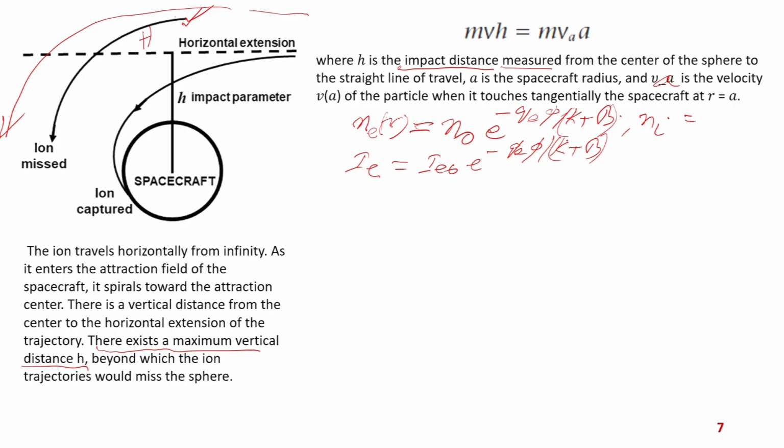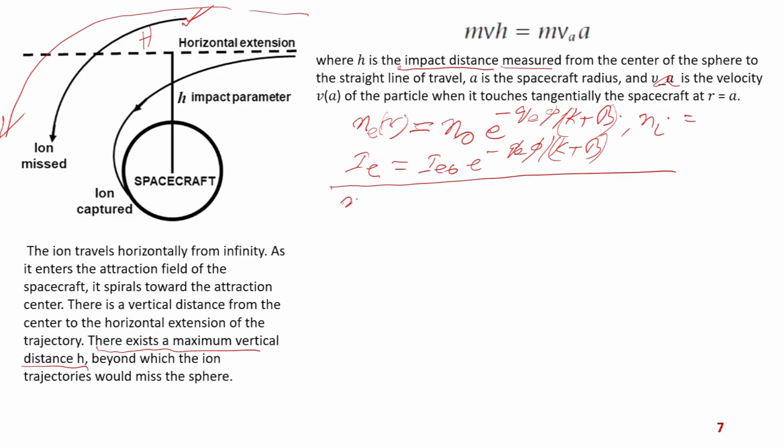Okay. So, now what have we written? We have written that the total energy, the sum of the kinetic energy and the potential energy, is constant, and it will be equal to the kinetic energy when we consider that the particle was at an infinite distance from the spacecraft.